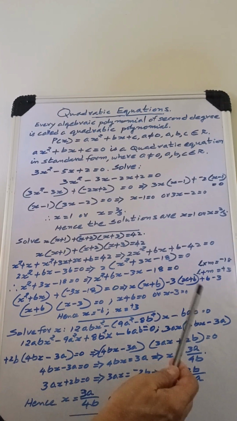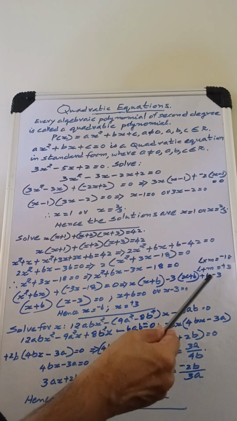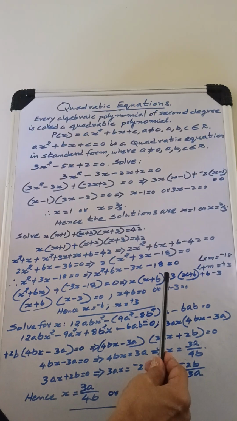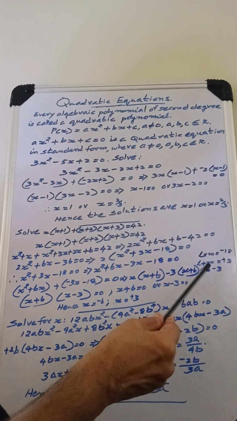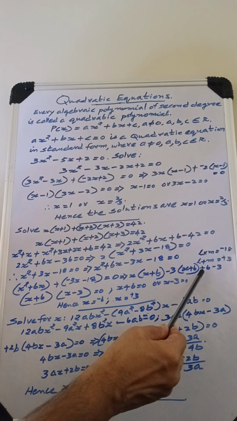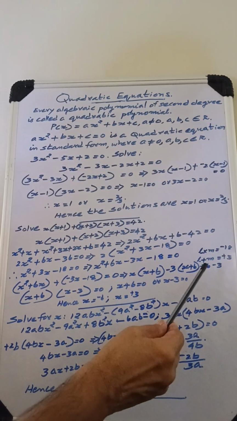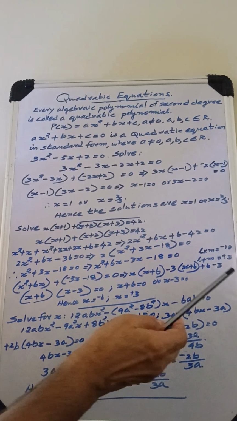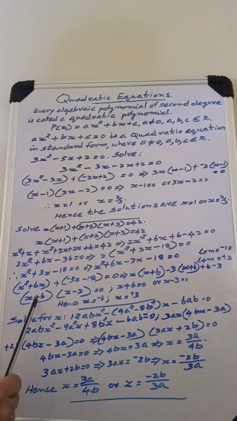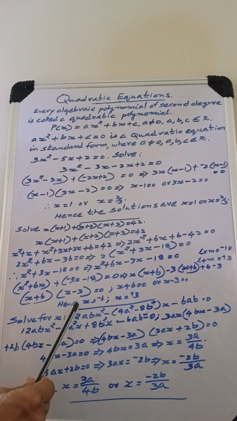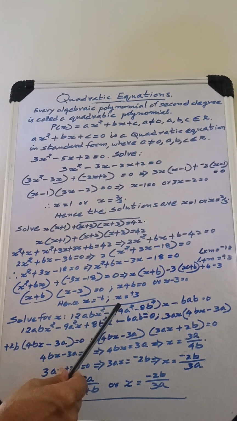That will be very useful for us. Therefore, x plus 6 into x minus 3 equals 0.